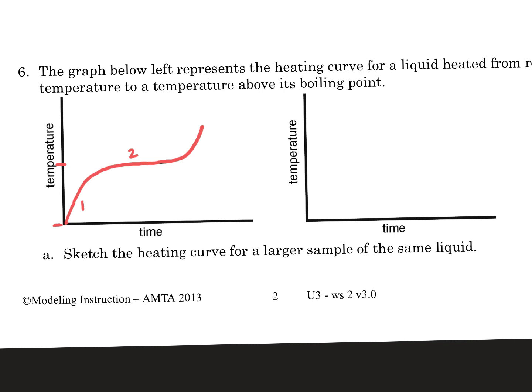And during part 2 of this graph, we're taking this liquid and we're turning it into a gas. So during this time, right here at about where I'm pointing my laser pointer, we've got nothing but liquid water, liquid, whatever liquid this is, okay? So it's liquid. But during this time, we are going through a phase change.